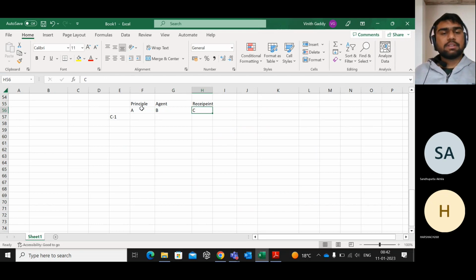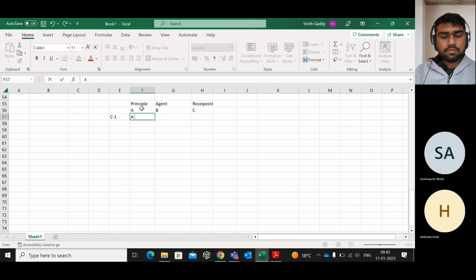To identify customers, to identify C. So A is directly selling to C, and A is giving the invoice to C. This is one type of scenario.